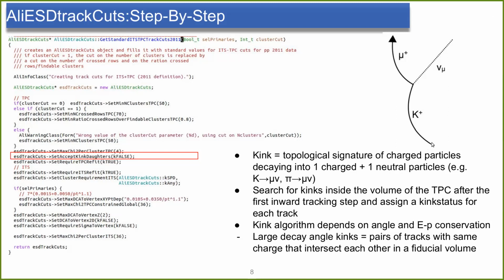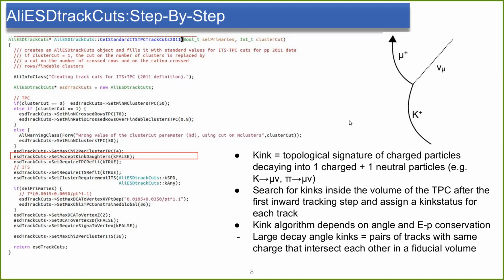We will just see a track coming into the TPC, then it bends its direction. So there will be two positive charge tracks which cross each other, which suggests that this track might be from a kink. After that we use additional energy-momentum conservation and some algorithms to confirm whether the track is coming from a kink or not. Then we put a status on it.